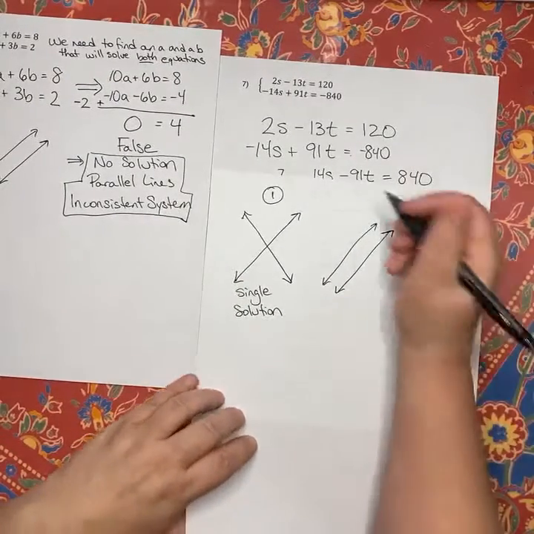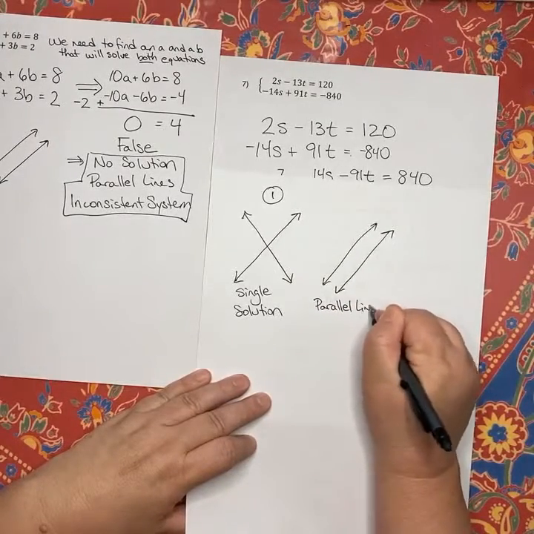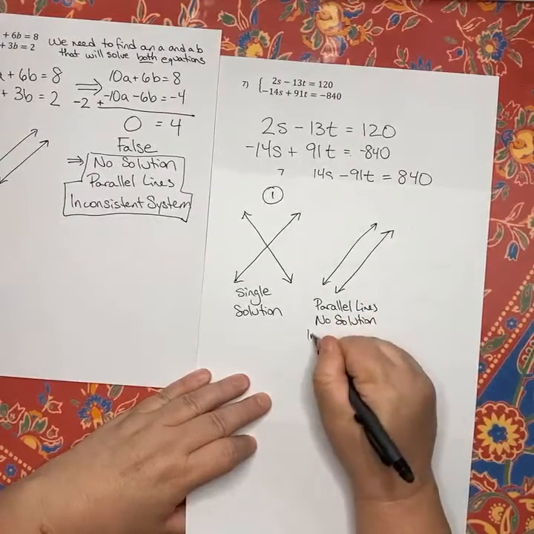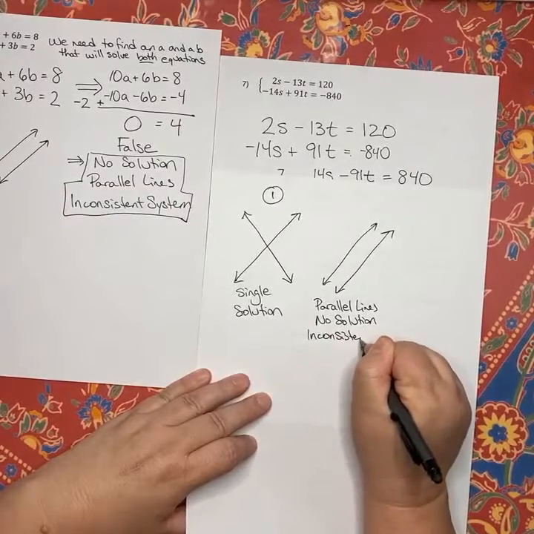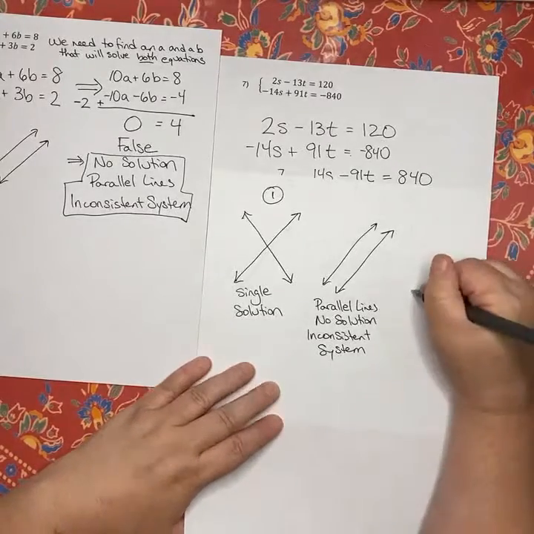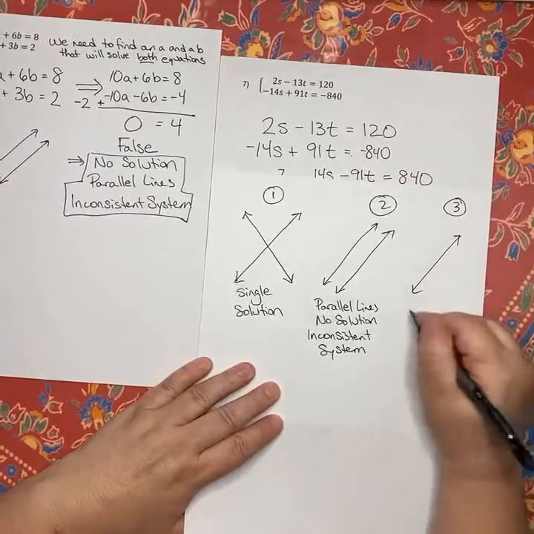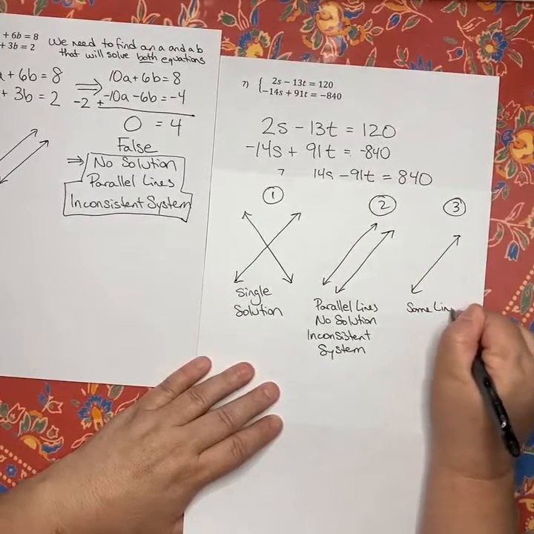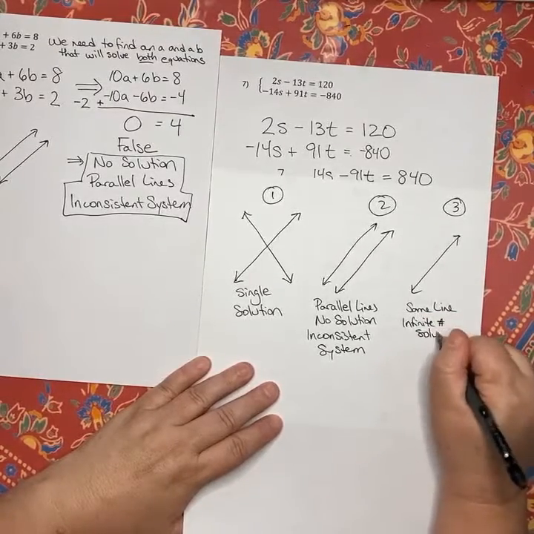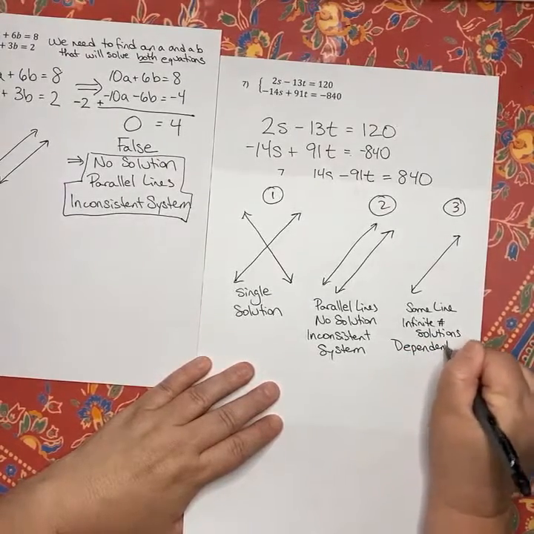Or here, these are parallel lines, no solution, inconsistent system. Okay, that was number 2. And number 3 is they're the same line. They're an infinite number of solutions. And it's a dependent system.